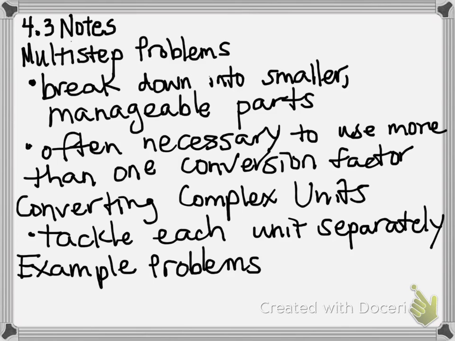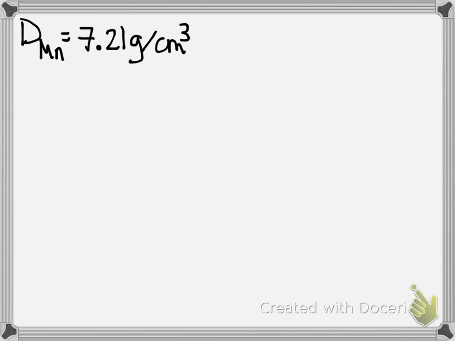So we're going to do 2 example problems. For our first example problem, the density of manganese is 7.21 grams per cubic centimeter. We want to know what the density of manganese is in kilograms per meter cubed.